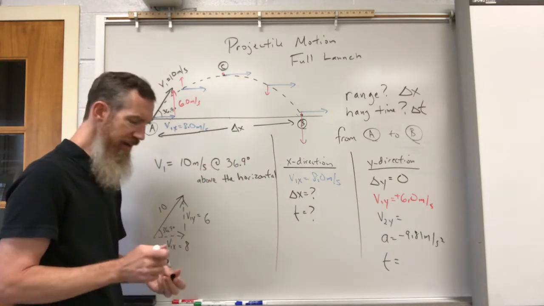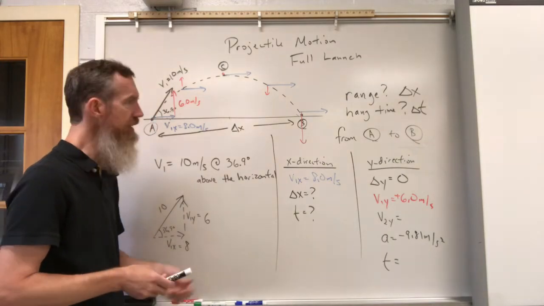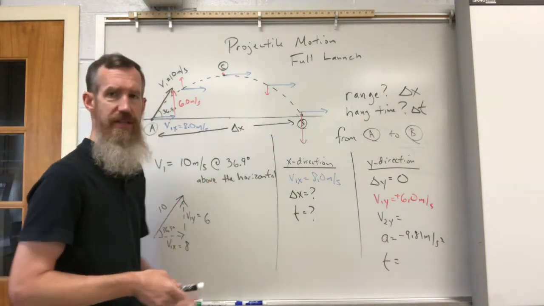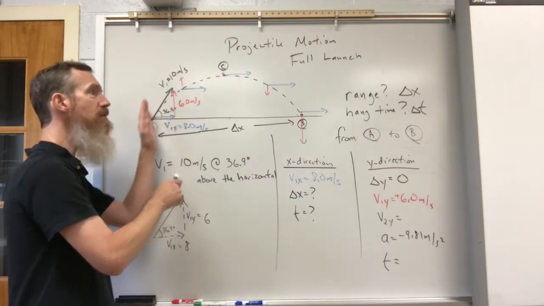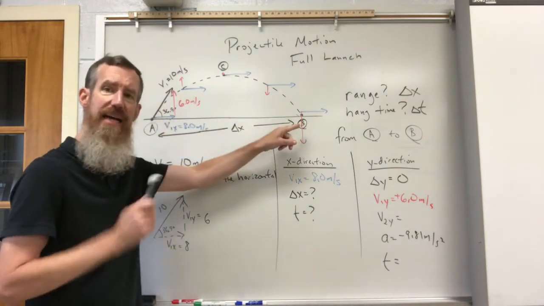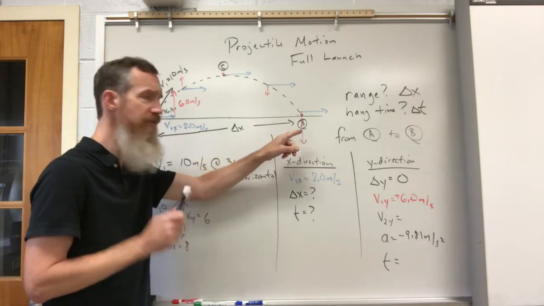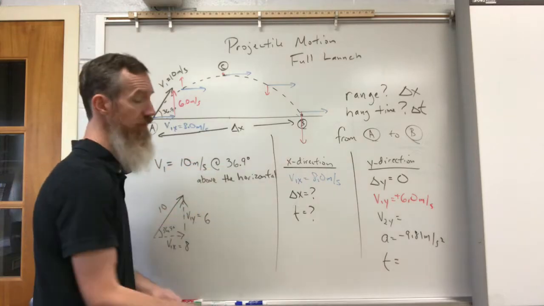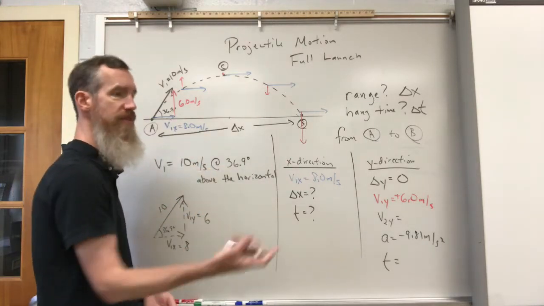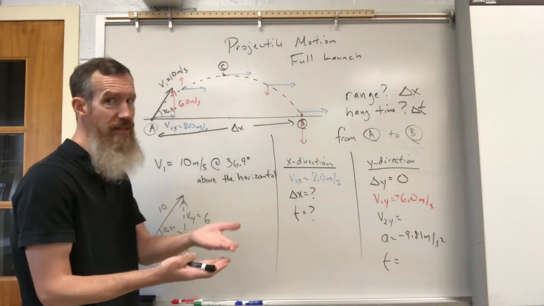The other thing I do know is my final velocity in the y direction. Because if I launch this at 6 upward from this spot, and it goes up and comes back down to the same exact height because of the symmetry of free fall. So if I throw it up at 6 and catch it right, it's got to be at the same height though.